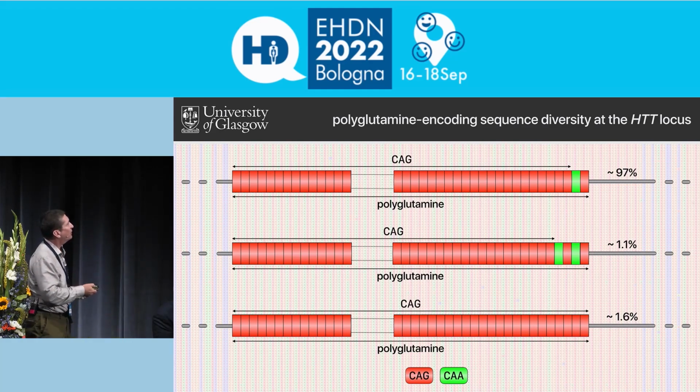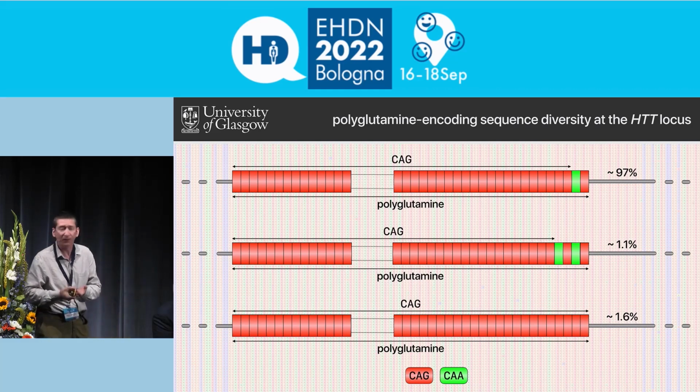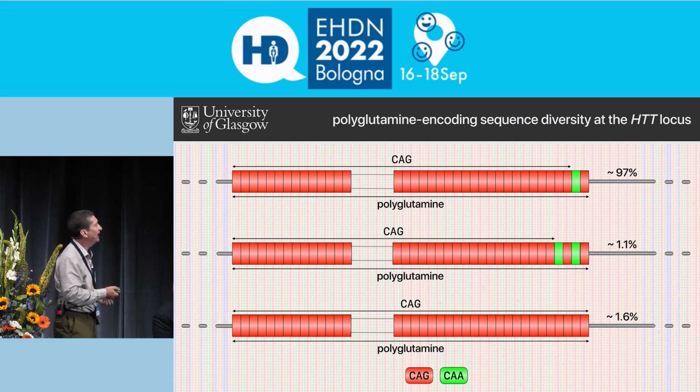So the typical version of the Huntington gene has a CAG repeat that obviously codes for glutamine, but it's followed at the end by a CAA codon and another CAG repeat that also code for glutamine. So in the typical structure, which in European ancestry populations accounts for about 97% of expanded HD alleles, the length of the glutamine tract is 2 amino acids longer than the length of the CAG tract.